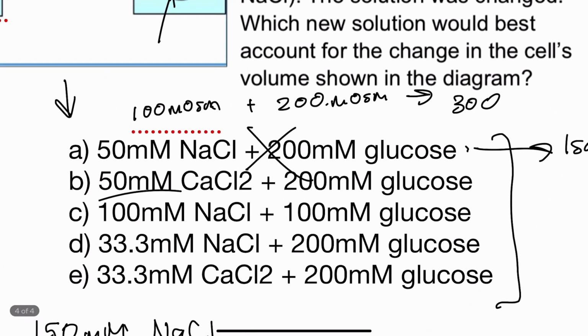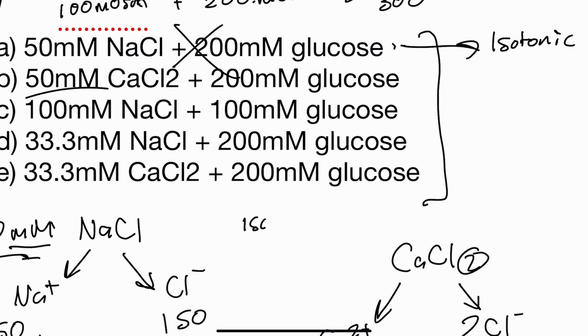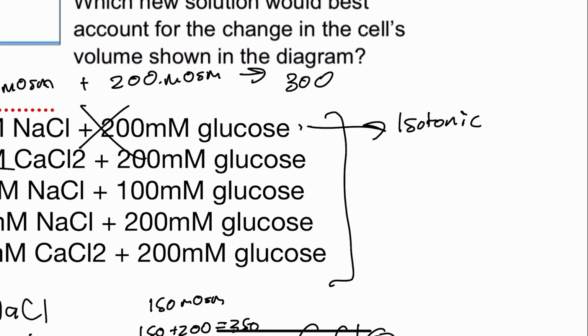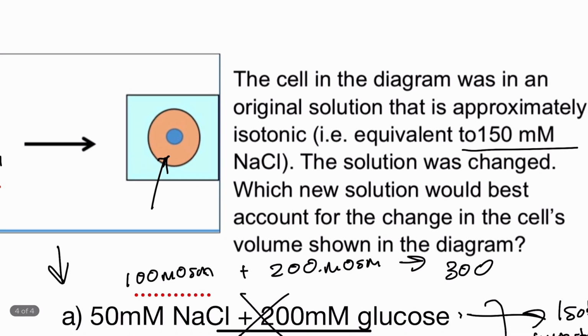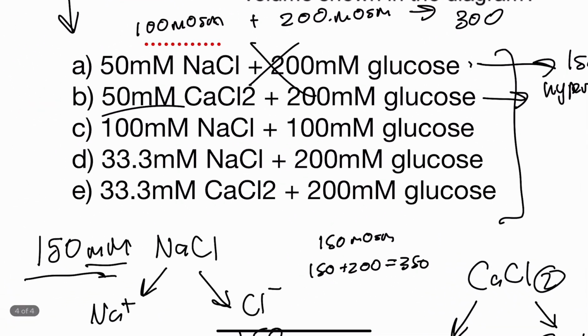So here, 50 millimolar CaCl2 is going to be 150 osmoles, and we're adding that to 200 osmoles of glucose. So 150 plus 200, that's 350. That is what we call hypertonic. If it were this solution, we would see a shriveled up cell. It would not be swollen like it is here. So that's also wrong.